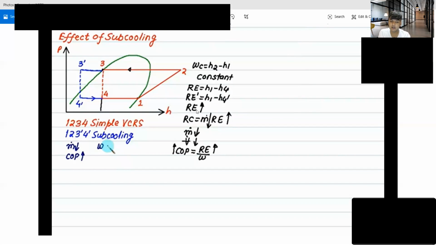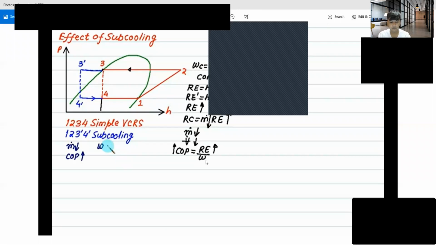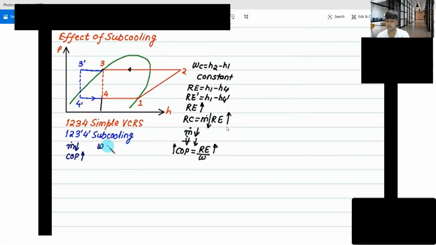As the RE increases, the coefficient of performance, COP, also increases. So this is the effect of subcooling on your refrigeration cycle.